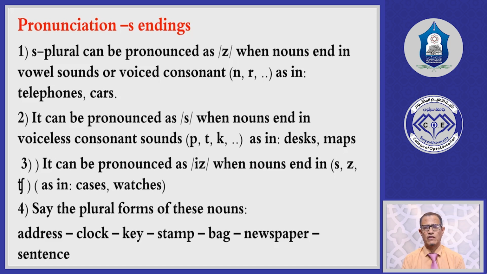Look, we have the first point: plural s can be pronounced as "z" when the noun ends in a vowel sound or voiced consonants. First, a vowel sound, like, for example, boy, play.